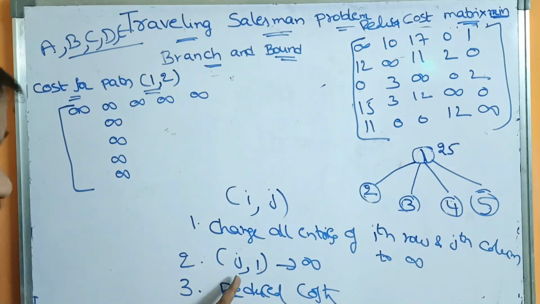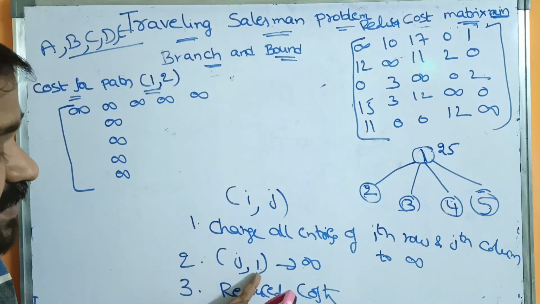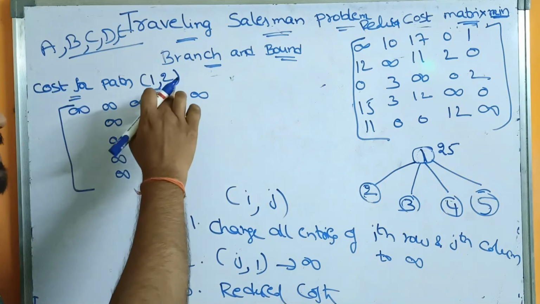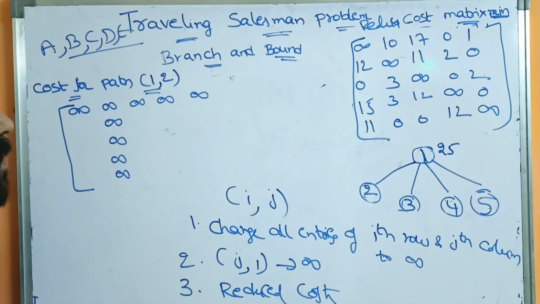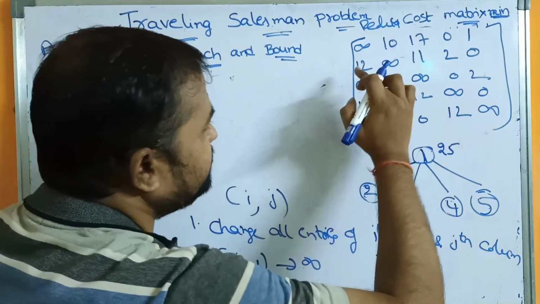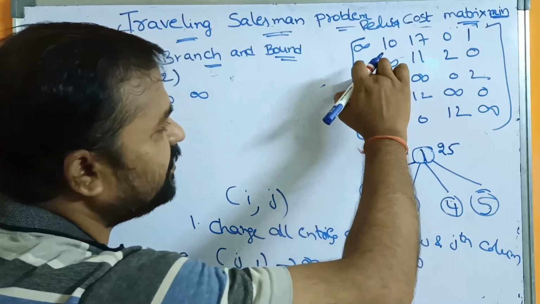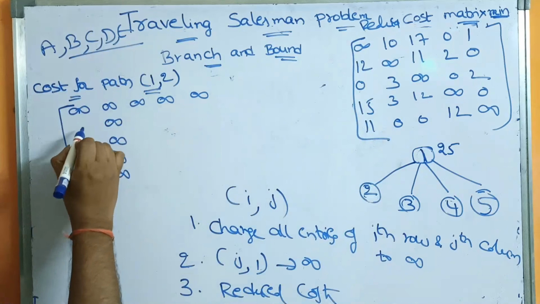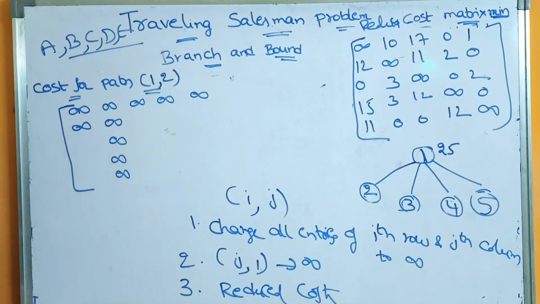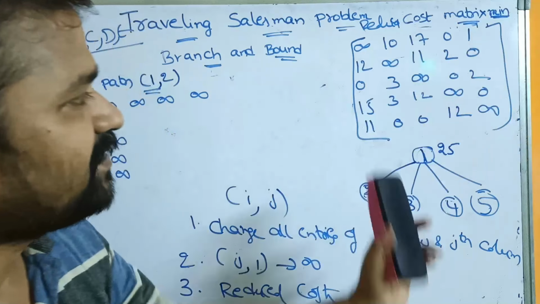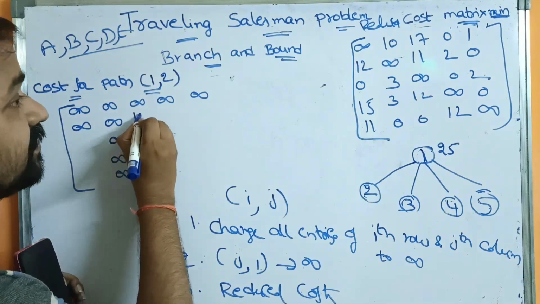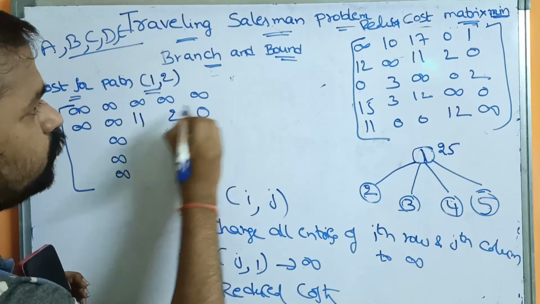The second step is change the entry j comma 1 to infinity. What is the j value? 2. So 2 comma 1 to infinity. This is the first row. This is the second row. So the second row, first cell is this cell. Make this one infinity. And let us note down all the other values as they are. So 11, 2, 0.